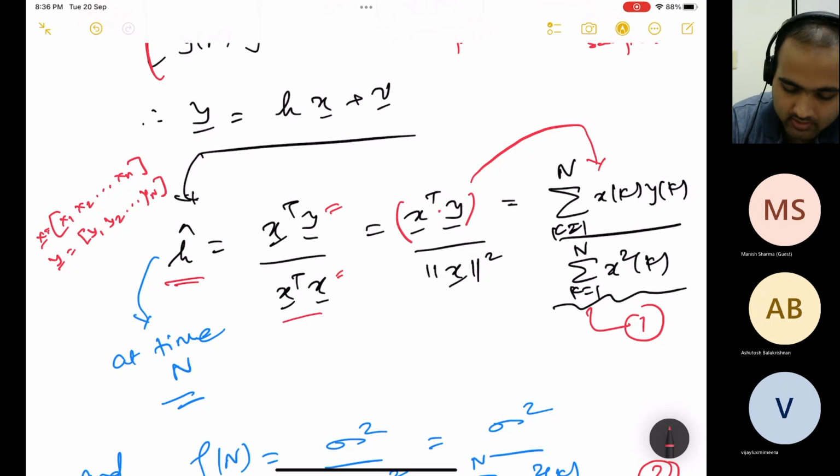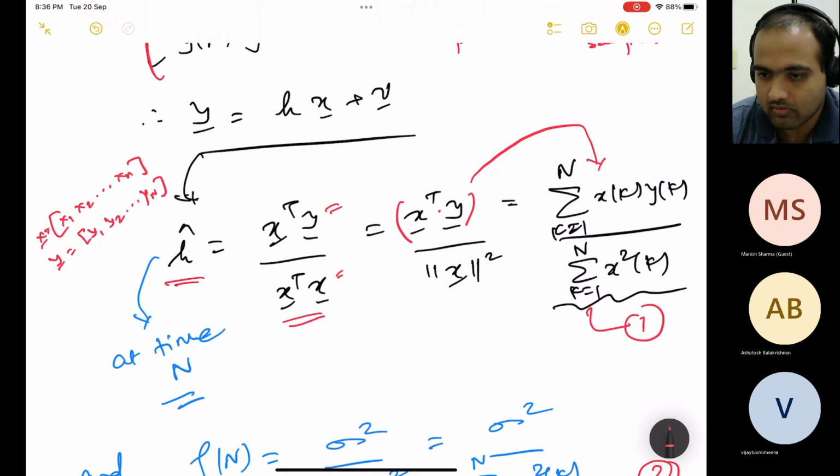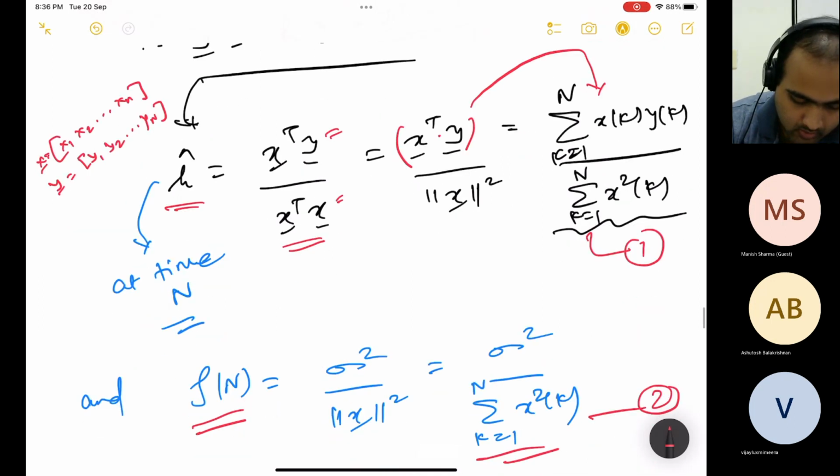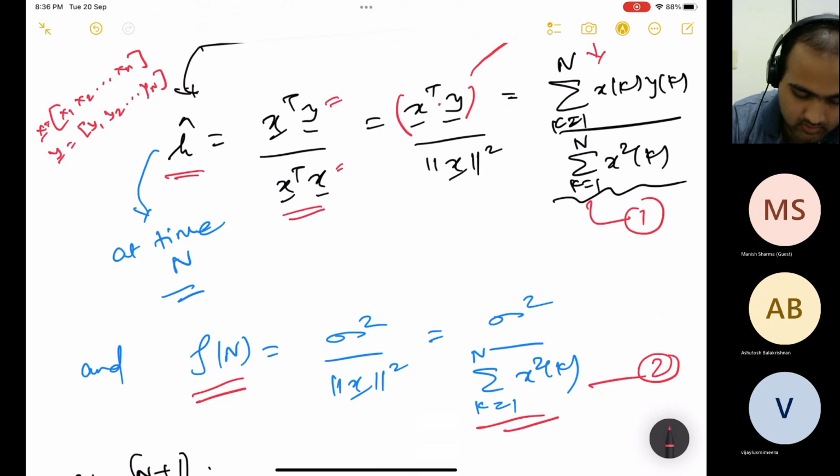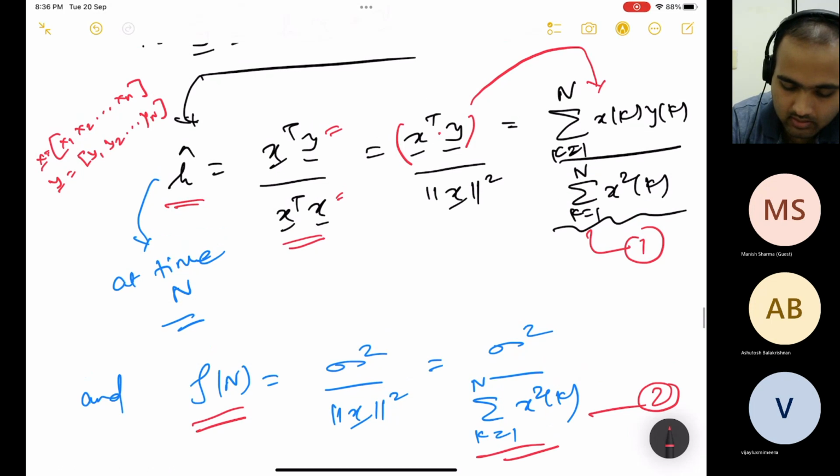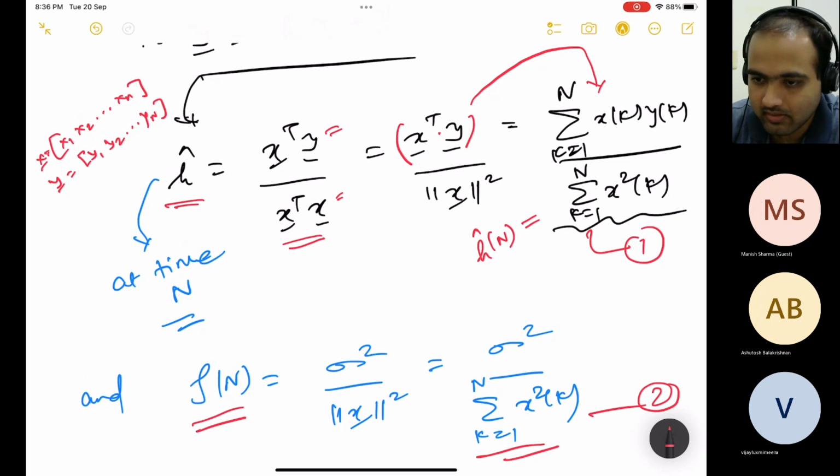Similarly, x transpose x will be the summation of xk squared. Note that this is the estimate at time n, that is after n symbols. If you process n symbols, we get h hat of n as given in equation 1.